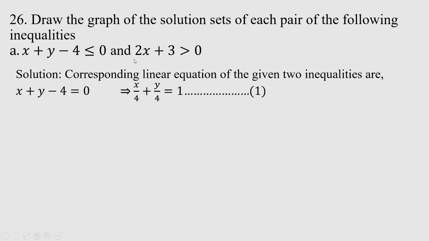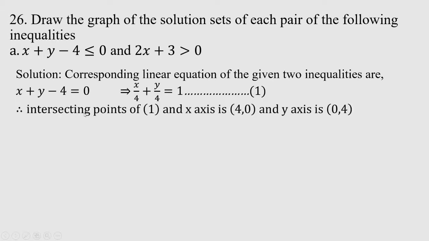Okay, and solving this we get x by 4 plus y by 4 equal to 1, and mark this equation as 1, and from this format we can easily say that the intersecting point of 1 and the x-axis is 4, 0, and the intersecting point of 1 and the y-axis is 0, 4.